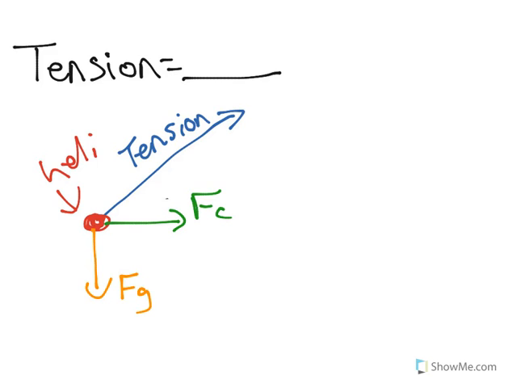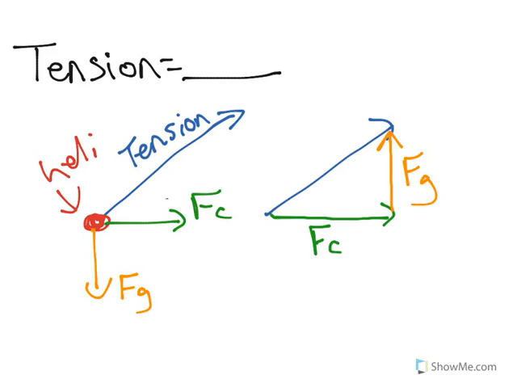Before we get into the problem, let's just look. If the tension is pulling this way, then there are two components to it. There is a centripetal force component keeping it in the circle, and it's also having to resist the force of gravity. So basically it looks like this. Technically it is the opposite of the force of gravity, so I suppose that should be negative Fg.